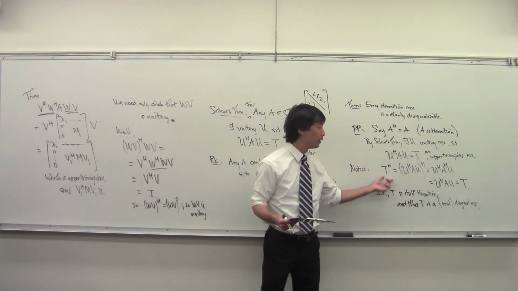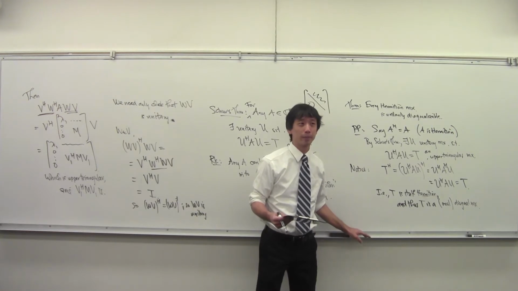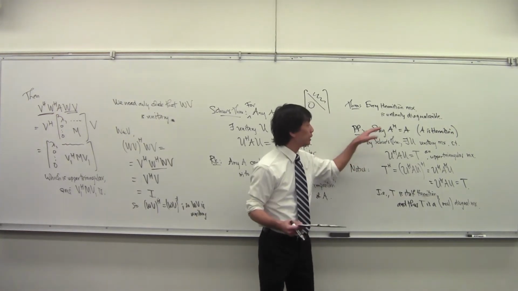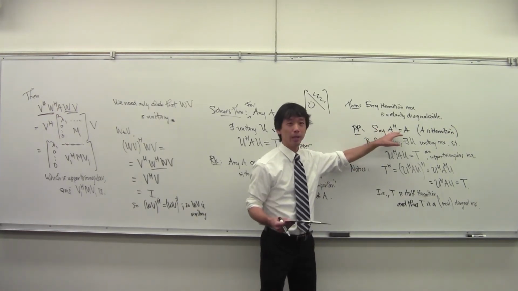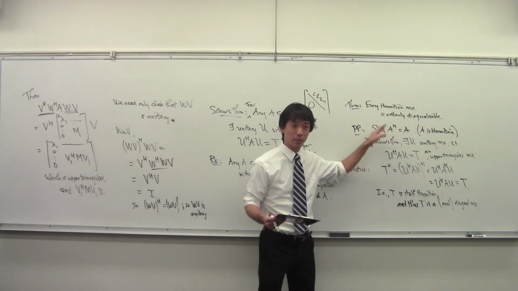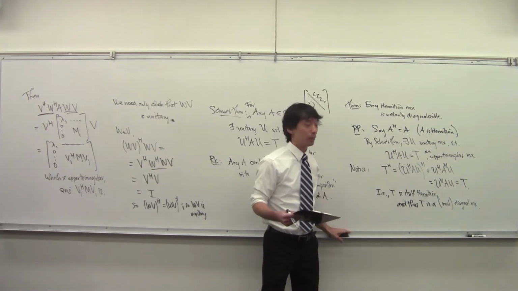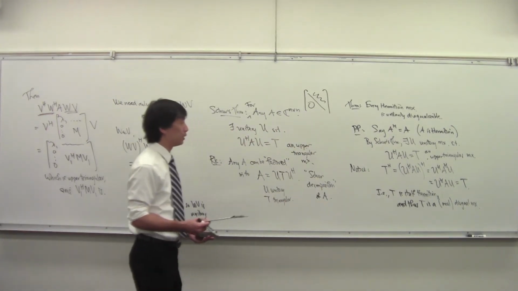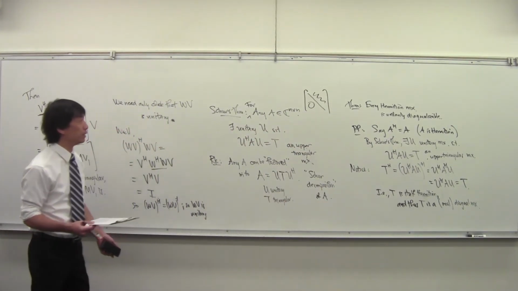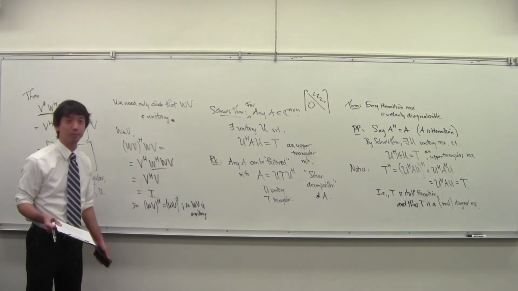That T that we got was actually diagonal. So if your matrix is Hermitian, then the triangularization actually results in a diagonalization. Okay, so that is the great spectral theorem.